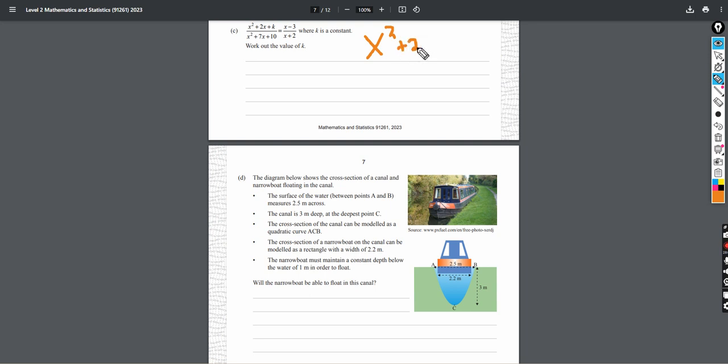X squared plus 2x plus k multiplying into x plus 2. This probably isn't actually that bad. It goes into x minus 3 times x squared plus 7x plus 10, which would imply, if we expand both brackets, should we only really care about the k's?